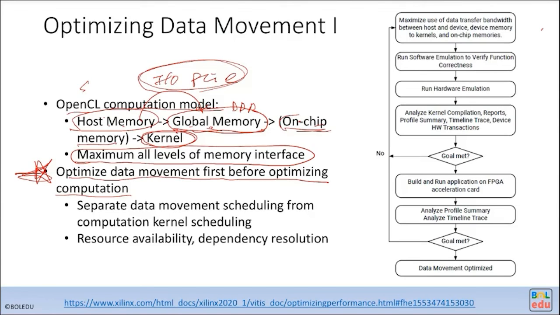The latency is 1, and the throughput is the maximum. With this kind of code, you first construct it and then focus on the data movement. That's the first step. To do that, you separate the data movement scheduling from the computation kernel function.